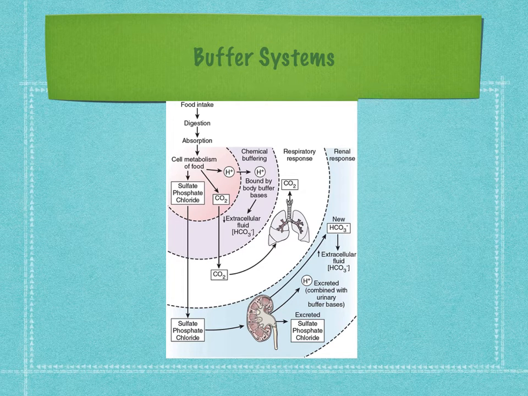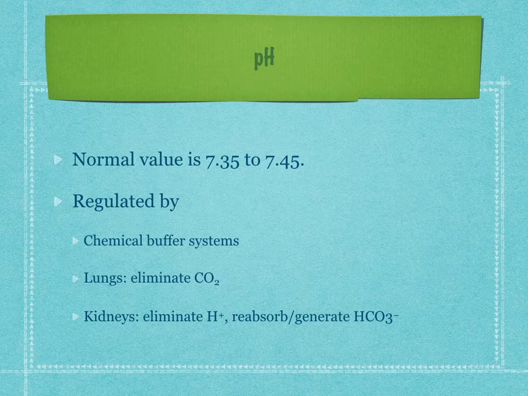For those of you that are visual, this is just a visual representation of how the buffer systems work in the body. And when we talk about the buffer systems, we're talking about the lungs and the kidneys. So review this, it's in your book as well. The normal pH is 7.35 to 7.45, and it is regulated by the chemical buffer systems. The chemical buffers immediately combine with excess acids and bases to prevent large changes in pH.